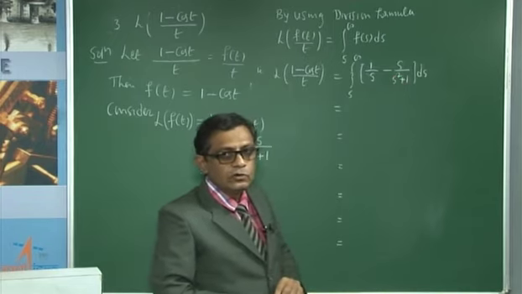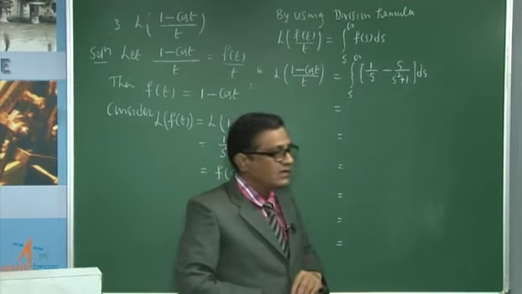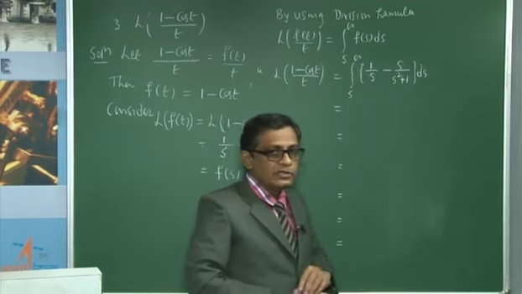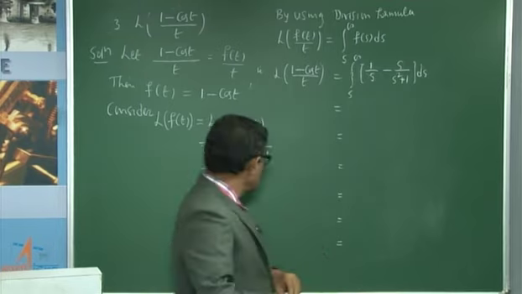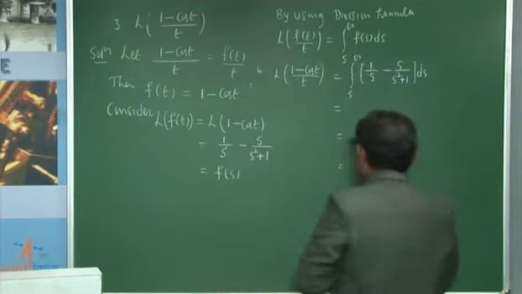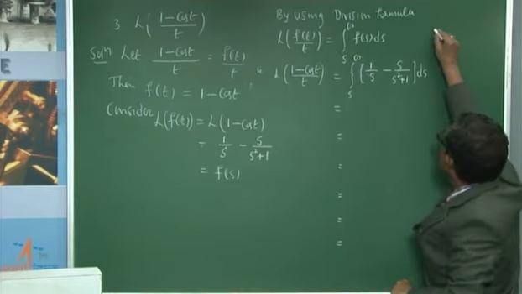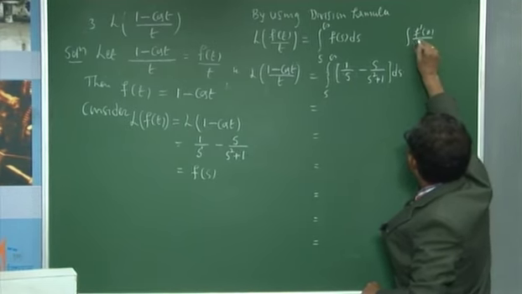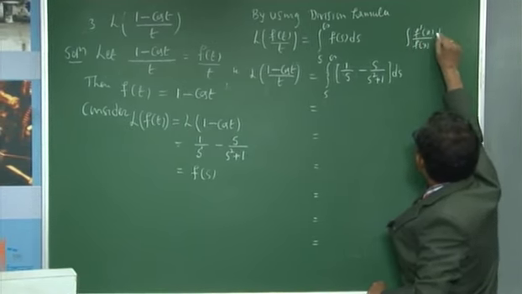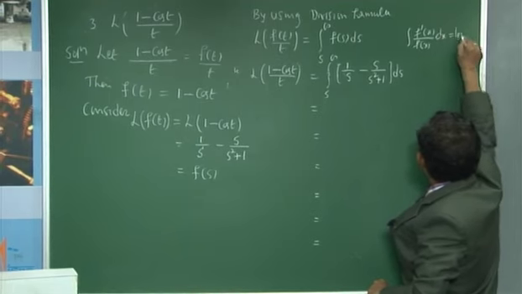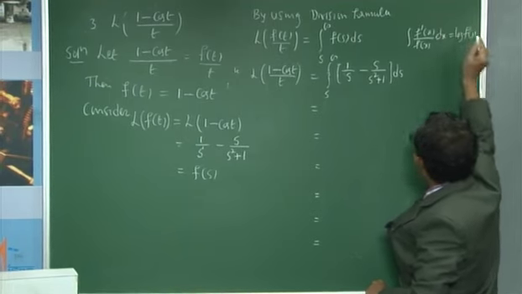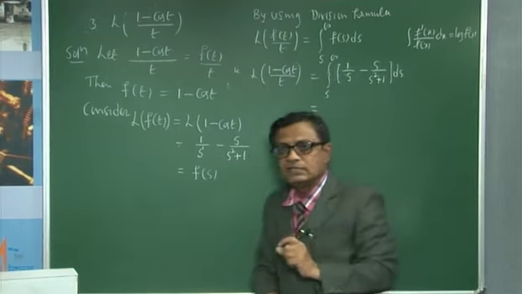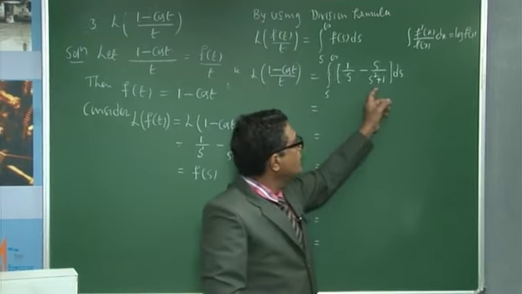Here you have to use the basic integration formula. We know the standard formula: integration of f dash x by f of x dx is log of f of x. By using this formula, we can integrate.